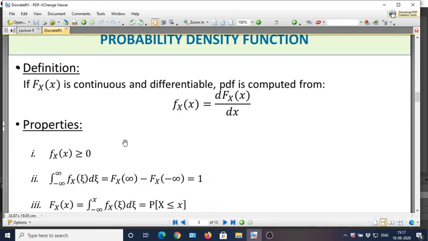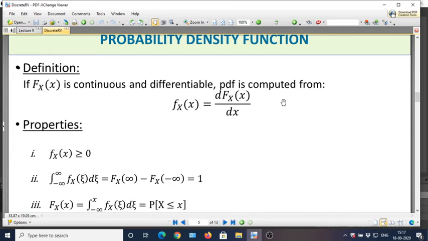So we can see that the probability density function, small fx of x, has to be greater than or equal to 0. That simply follows because we saw that the CDF is a non-decreasing function.